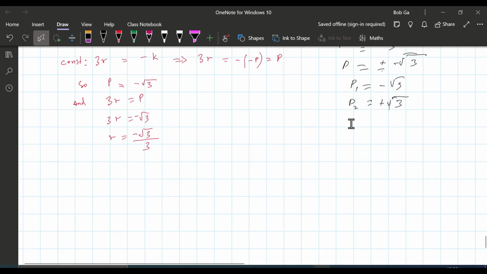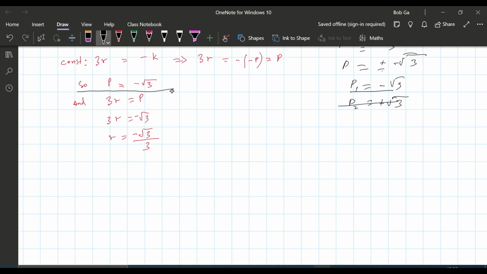P1 is negative square root of 3, which is less than 0. P2 is positive square root of 3, which is greater than 0. So we discard this one and take this one. So p is equal to negative square root of 3.